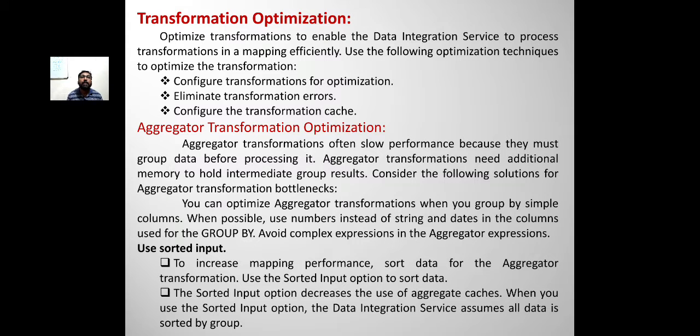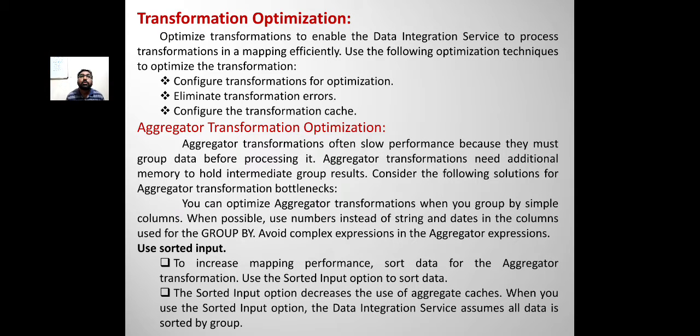You can optimize an aggregator transformation when you group by simple columns. When possible, use numbers instead of strings and dates in the columns used for the group by. Avoid complex expressions in the aggregator expression.